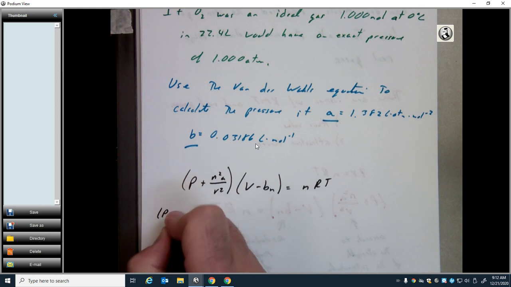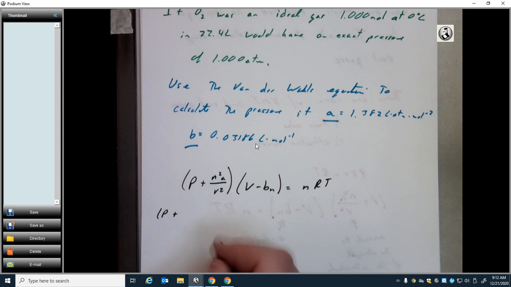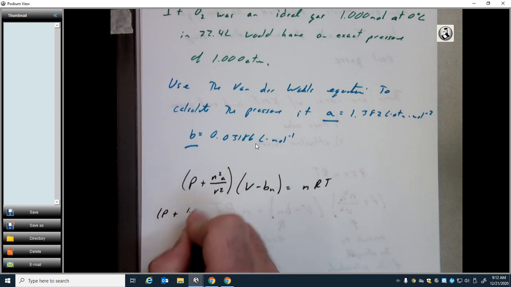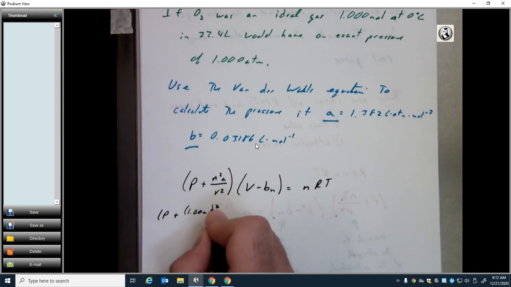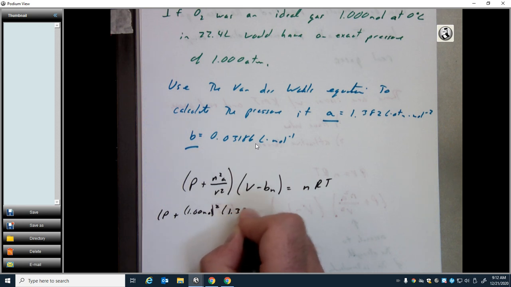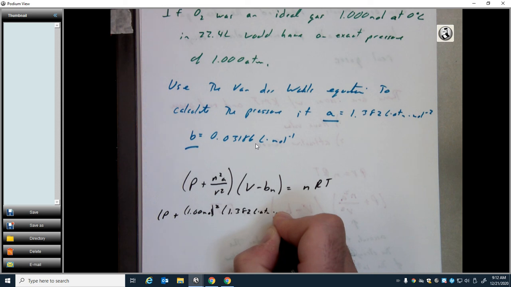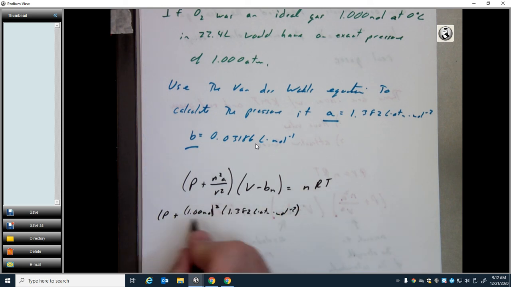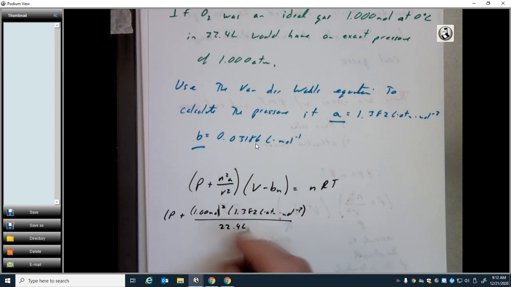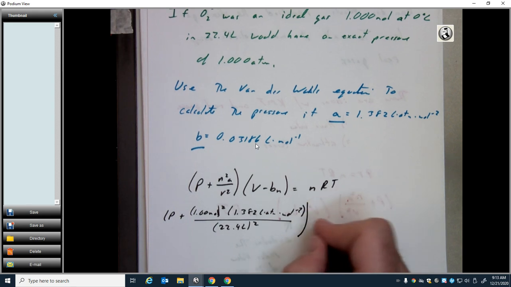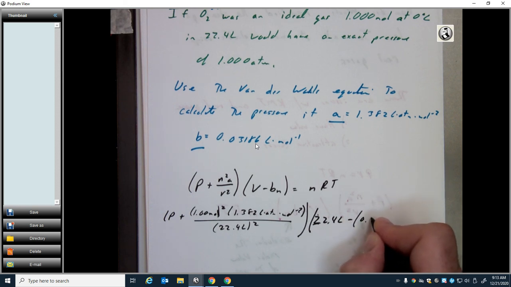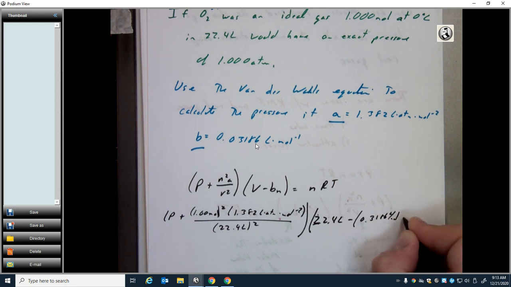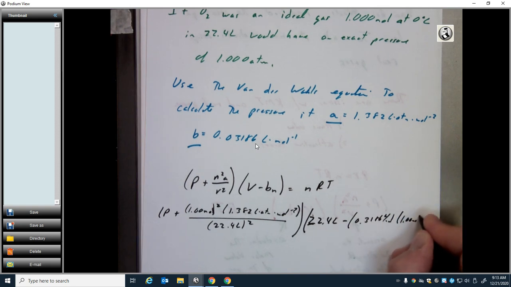So we have P plus n, the number of moles, so we got 1.00 moles, and that gets squared, times 1.382 liter dot atmospheres mole minus 2, all over 22.4 liters, and that's squared, times 22.4 liters minus 0.03186 liter moles times number of moles, which was 1.00 moles.